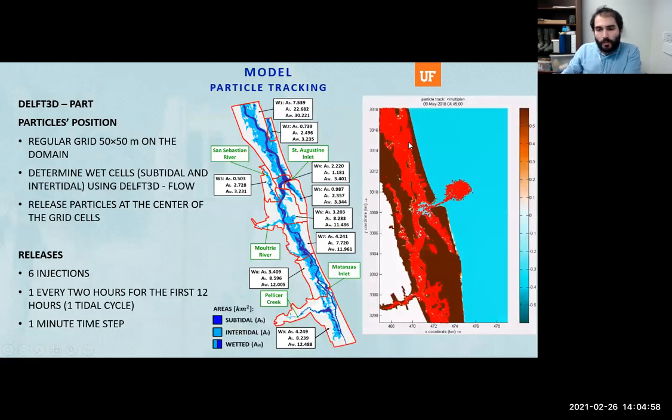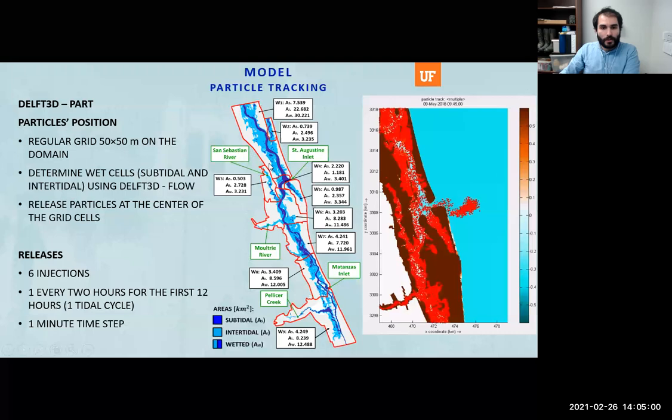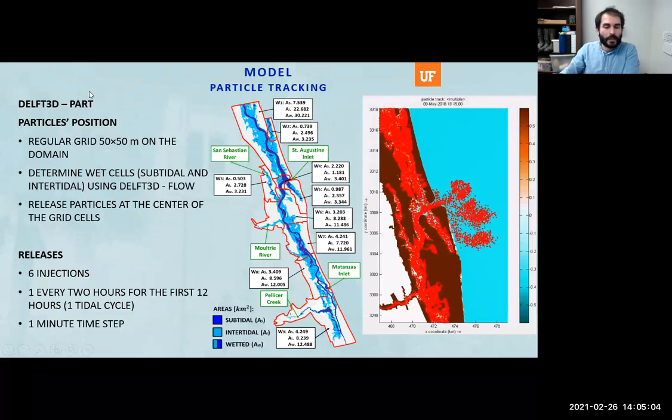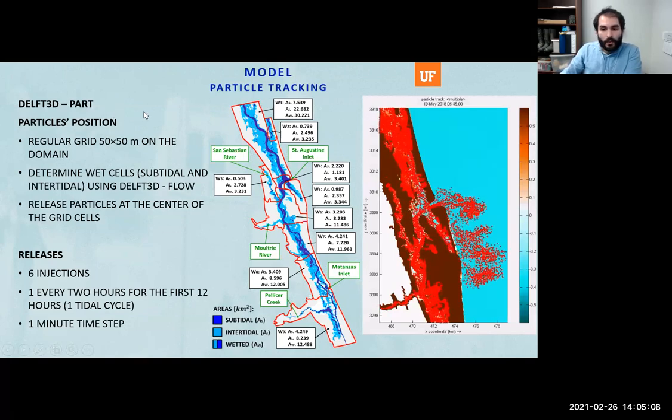So the second part of the model is the particle tracking model, and it's again a Delft3D model, the PART model of Delft3D. What we did basically was to take the area and discretize it using a regular grid that has this dimension of the cells. We determined which of these cells are wetted at least one time during the simulation period, and these are all the cells.